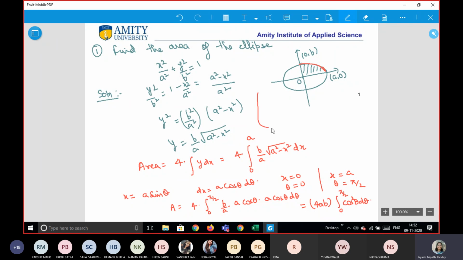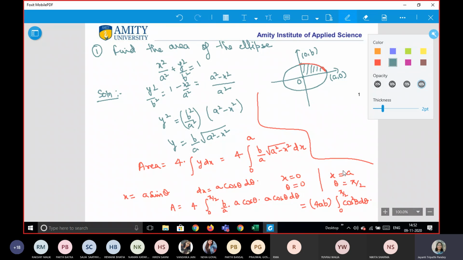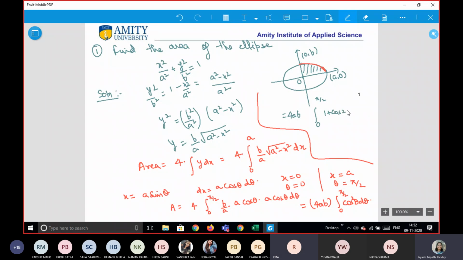Now I'm writing it here to save space. Now this is equal to 4ab, and cos square theta we can write as 1 plus cos 2 theta by 2, that is 1 by 2 plus cos 2 theta by 2, d theta. Now integrate.